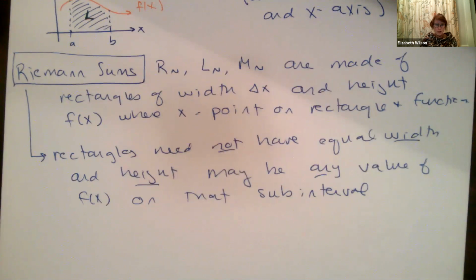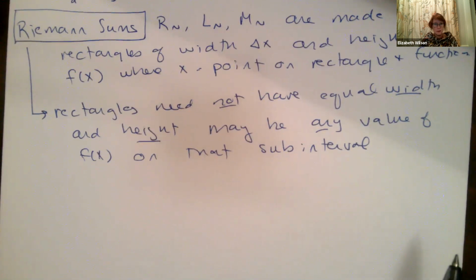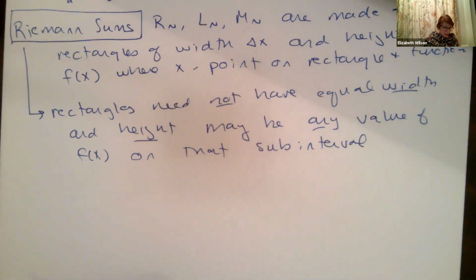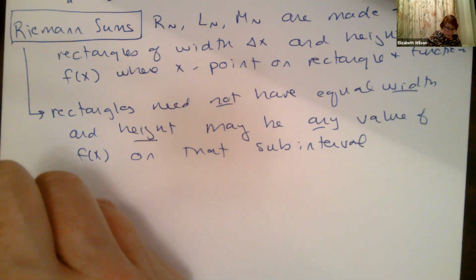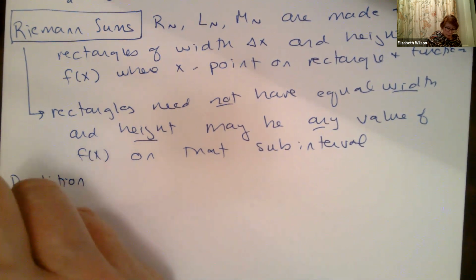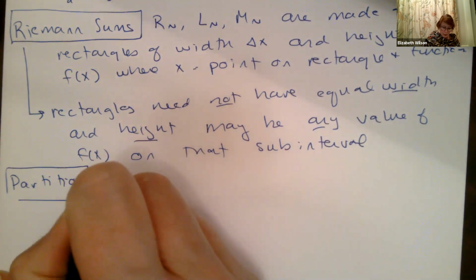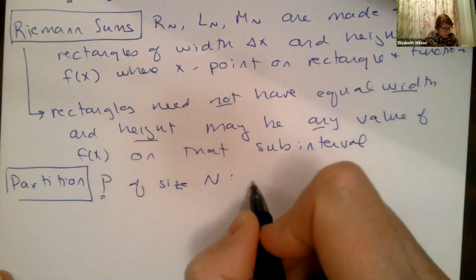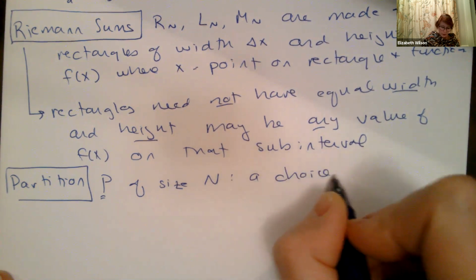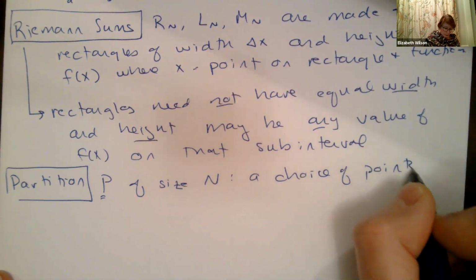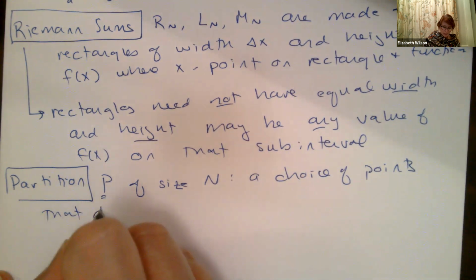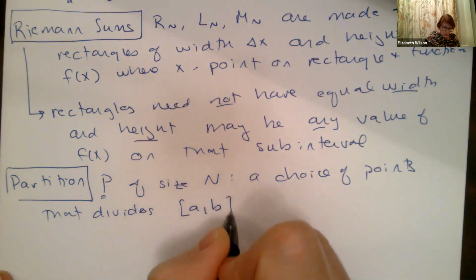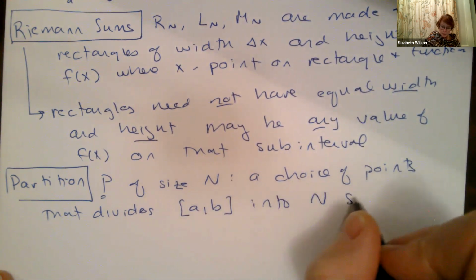All right, let's talk about some definitions. We've got some vocab we all need to be on the same page about. So a partition P of size n is a choice of points that divides our interval A to B into n subintervals.